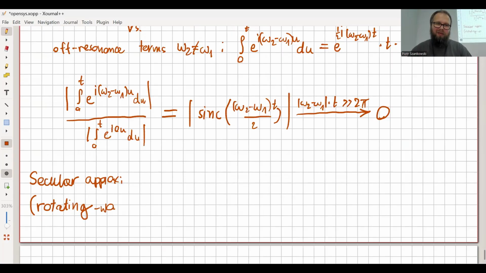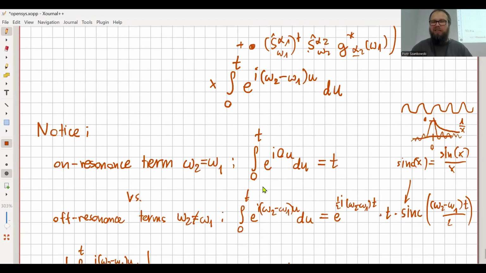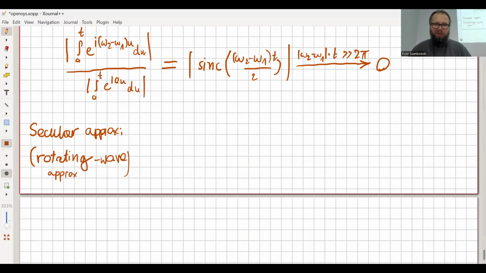So secular approximation or rotating wave approximation amounts to looking at this expression we have here where there is a sum over all the omegas and just neglecting everything where omega 2 is not equal to omega 1. You leave only diagonal terms which scale linearly with time, as t. And you just leave them in, the rest go to 0. This is the rotating wave approximation or secular approximation.